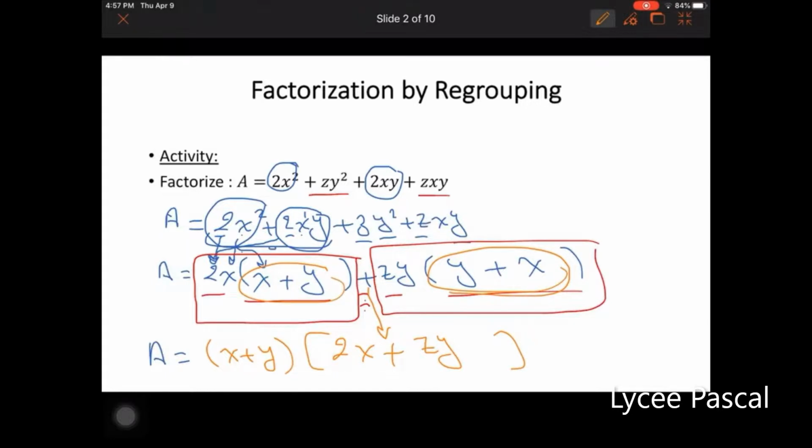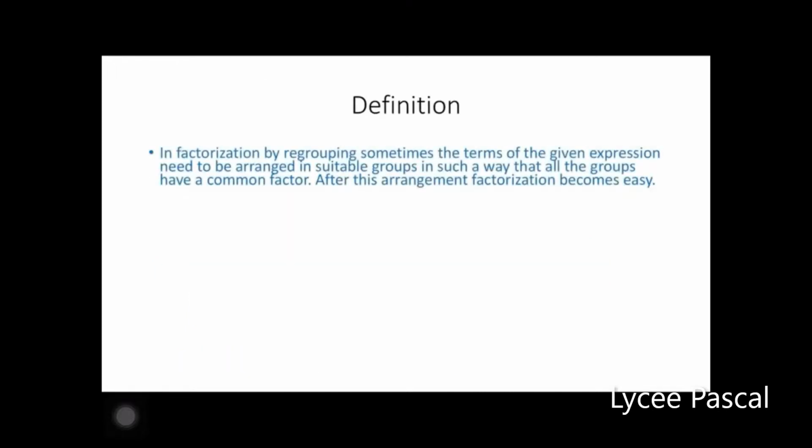And to get the answer, we start by regrouping the members in this activity. So by definition, in factorization by regrouping, sometimes the terms of the given expression need to be arranged in suitable groups in such a way that all the groups have a common factor. After this arrangement, factorization becomes easy.